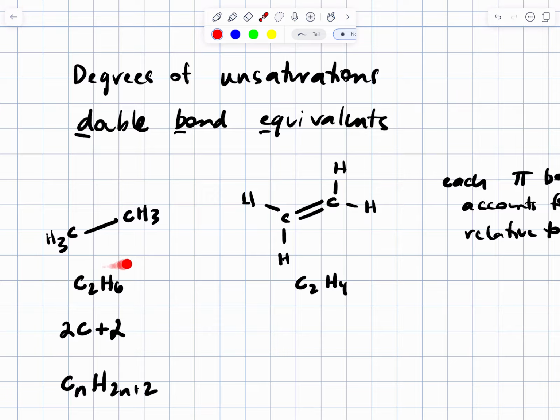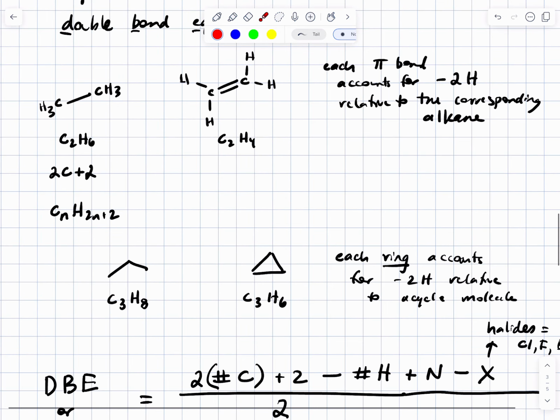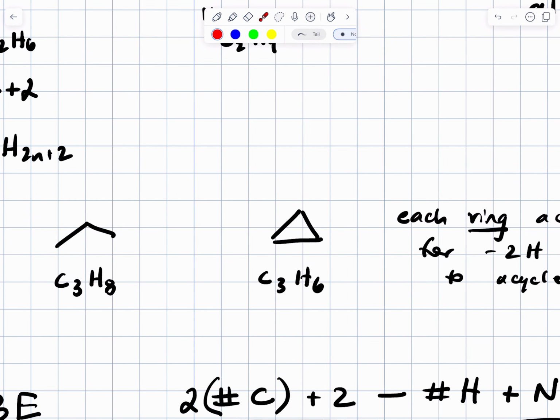So compare ethane, which has C2H6, with ethylene, which has a pi bond in it, C2H4. Every pi bond you introduce is 2 hydrogens fewer than the corresponding saturated alkane. Same thing with rings. Look at propane versus cyclopropane. Propane is C3H8, which follows the 2n plus 2 pattern. Cyclopropane is C3H6.